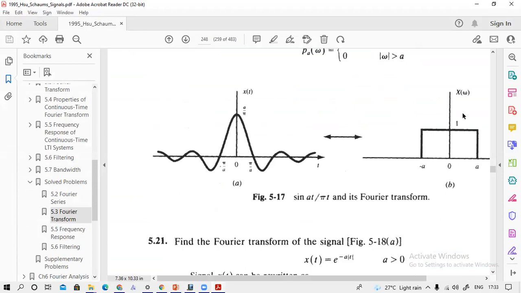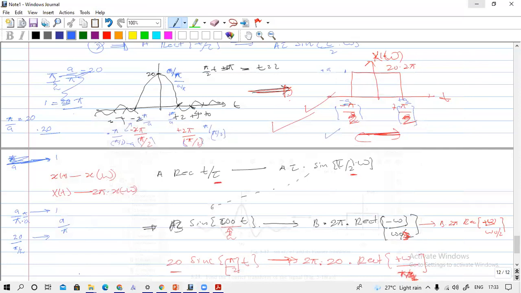So instead of A5, we have 20, but A5 is mapped to 1.